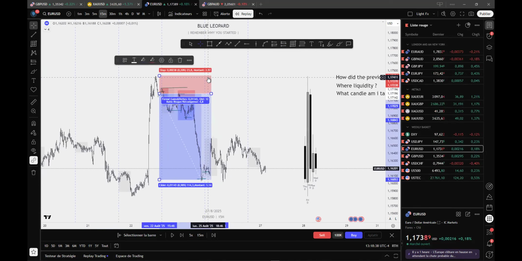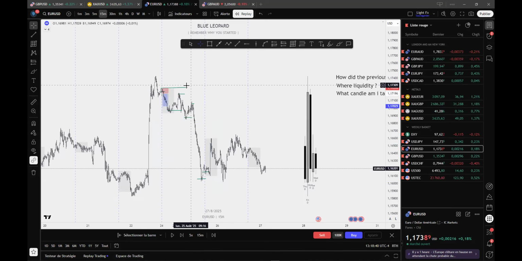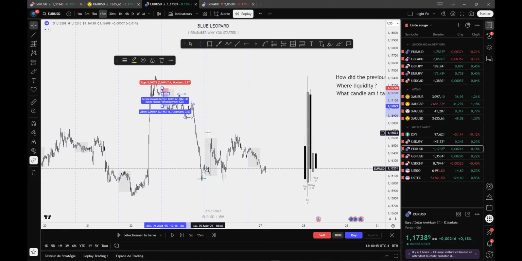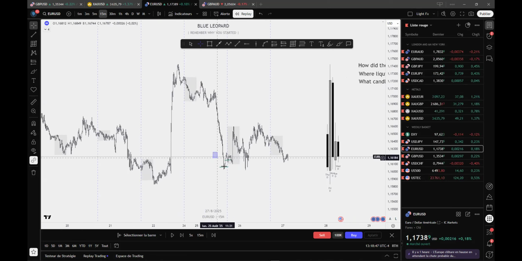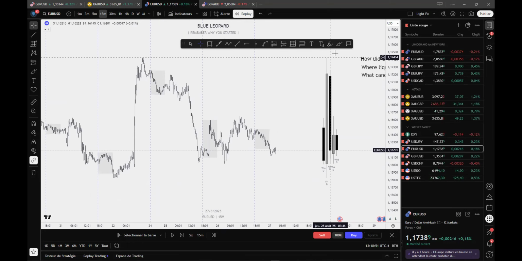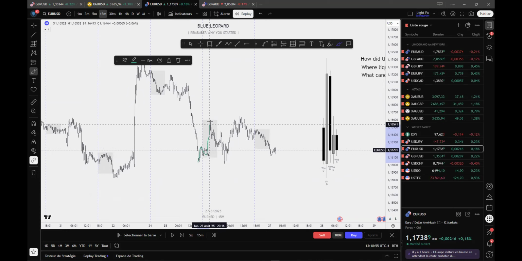Because price will never move in your direction until next year, no. Or next month, no. Or next week, no. Price will only move in your direction for a certain time. Look at here. If price was giving this bullish move, it stopped here. It was from here to here. Until then, you're right.